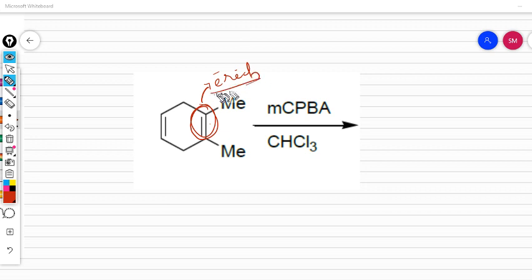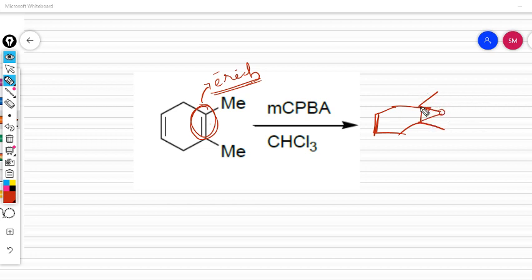The more electron rich it is, the more the oxygen will attack the double bond. Wherever the more nucleophilic olefin is, the epoxide formation is going to happen. So this double bond is more nucleophilic, so here it is going to form the epoxide.